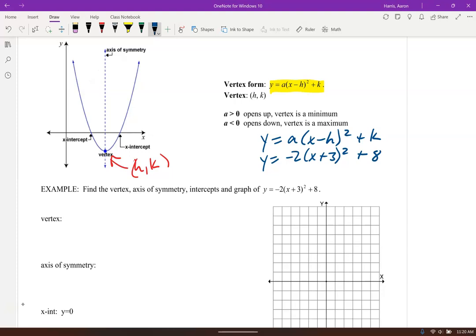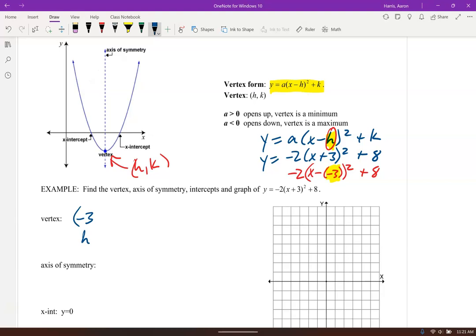Let's first identify our vertex (h, k). It's x minus h, so I'm going to write this as x minus negative 3, which is the same as x plus 3. So my h has to be negative 3, not positive 3.